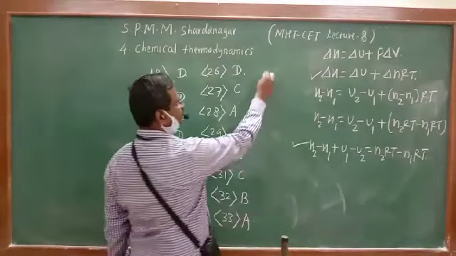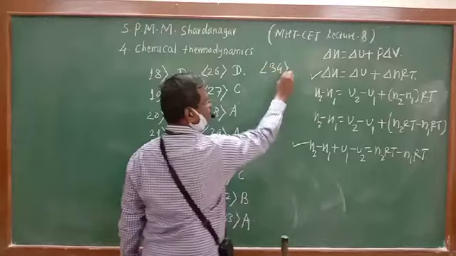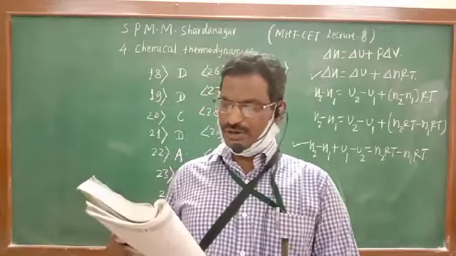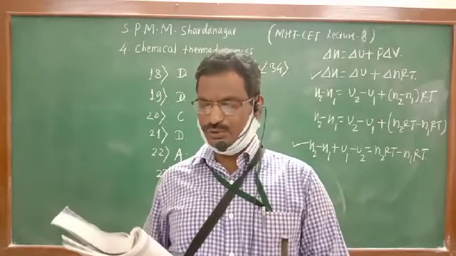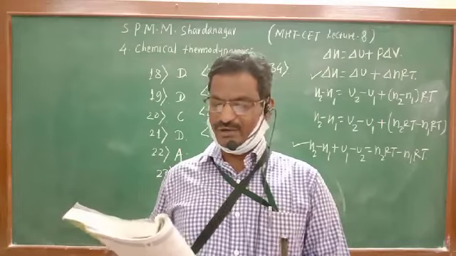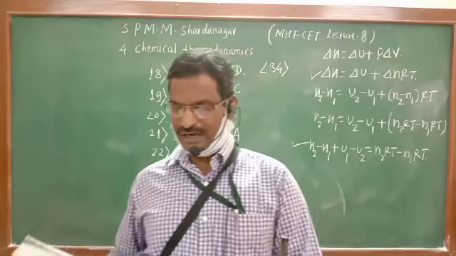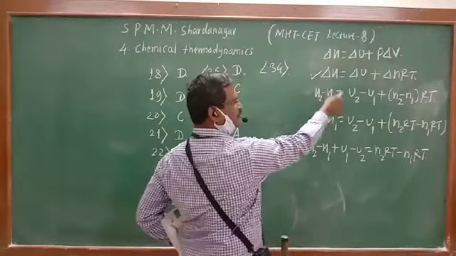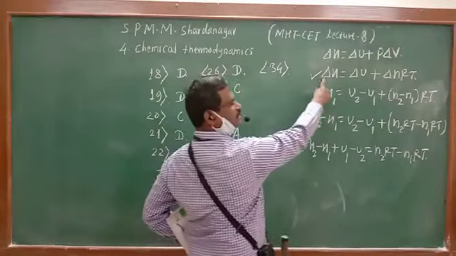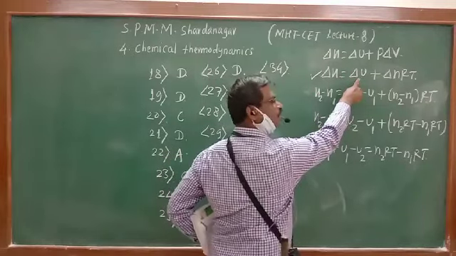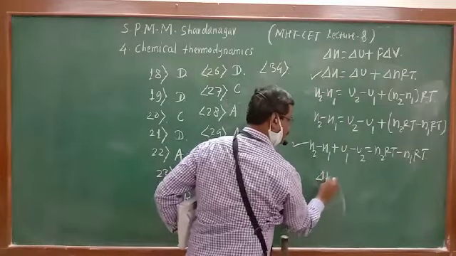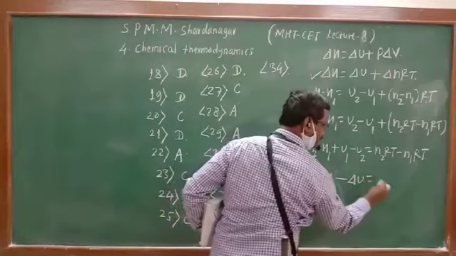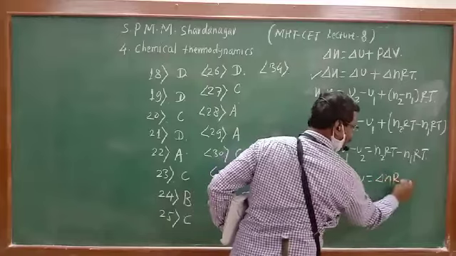Now let us see question number 34. Which of the following equations shows the relationship between heat of reaction at constant pressure and at constant volume? This is the heat of reaction at constant pressure and this is the heat of reaction at constant volume. So that equation is delta H minus delta U is equal to delta nRT.